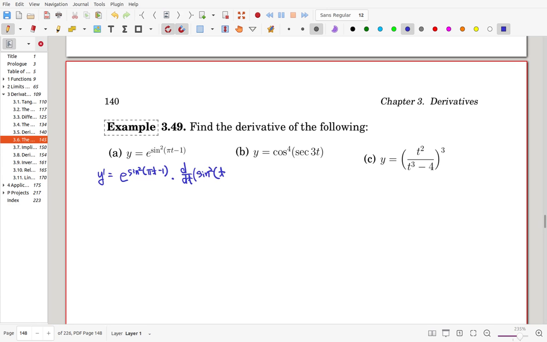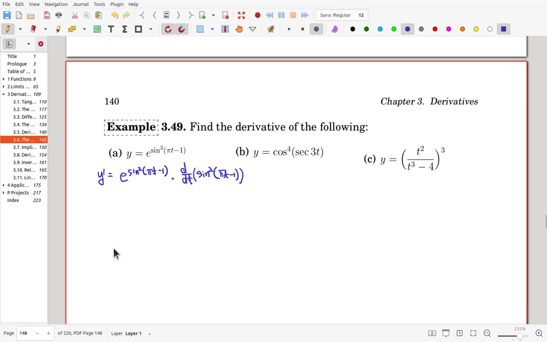Now, okay, it's not t, it's pi t minus 1, right? Okay, we have to do it.